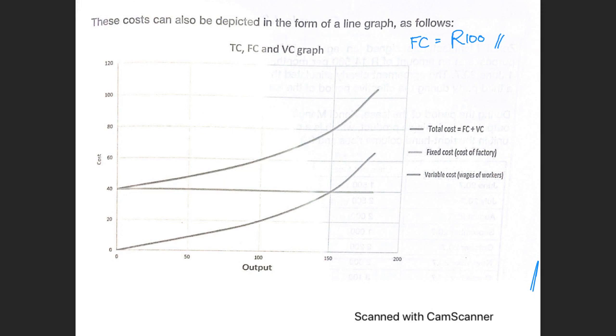Then you have a semi-fixed cost below that. With a semi-fixed cost, they say that this is also one that has both components of fixed and variable costs. But how this works is there's a certain range where you'll have a fixed cost applicable.